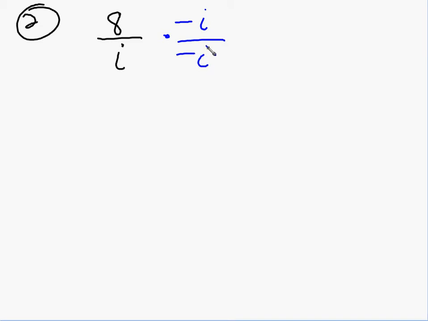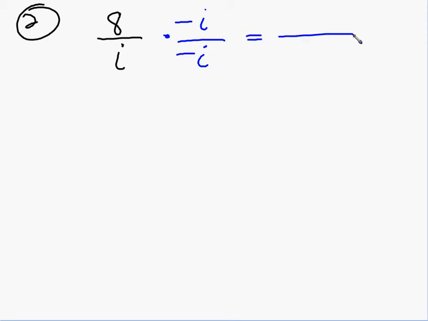Let's do another one. How about 8 over i? Well, what is the conjugate of just i? Negative i. So we're going to multiply the top and bottom by negative i, just by the conjugate.